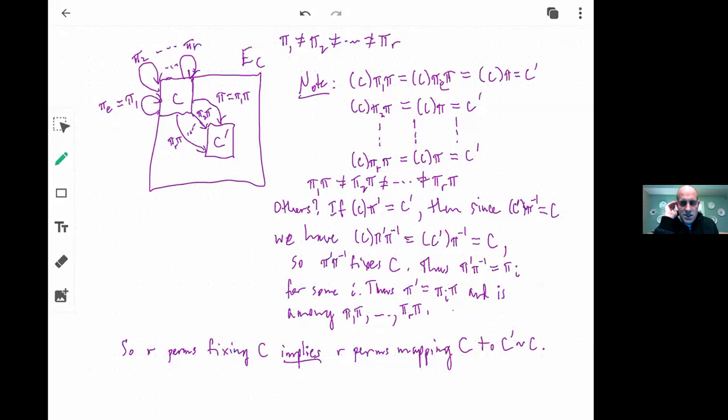But this is only interesting if you give me any other coloring that happens to be equivalent to this one. So let's assume that there are R permutations fixing the coloring, okay?